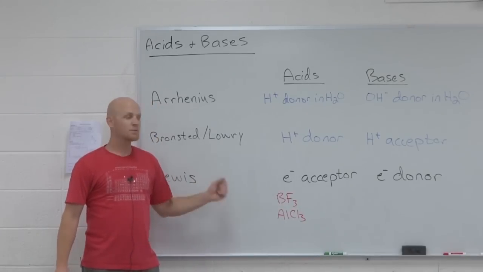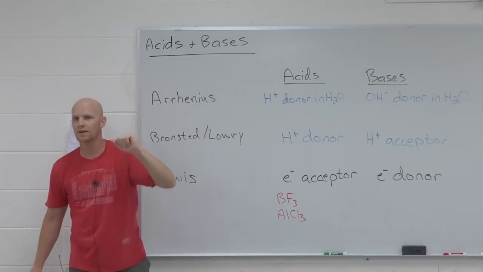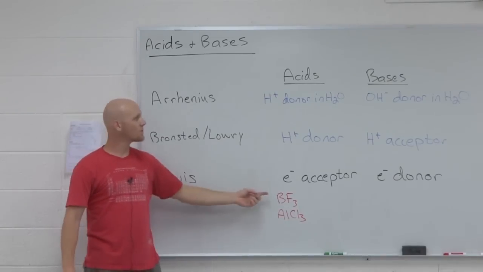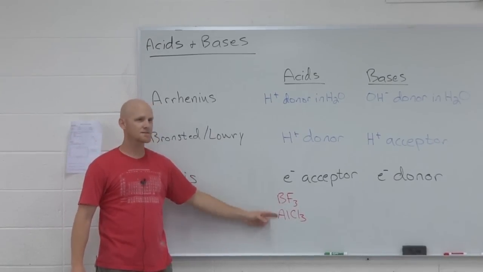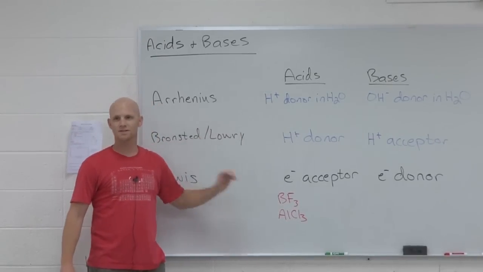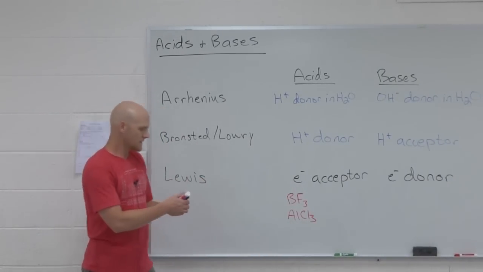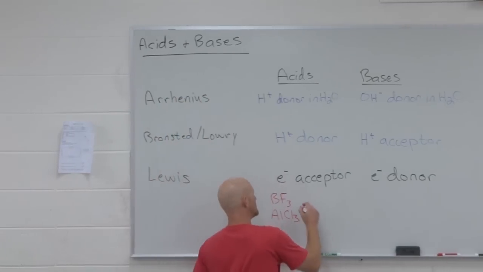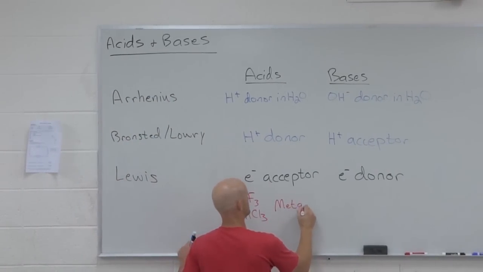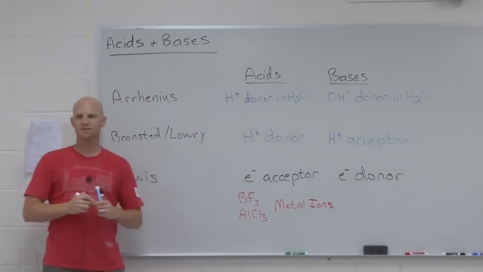So no filled octet. And they would just love for somebody to donate electrons and make a bond to them. That's what makes them great Lewis acids in this case. But they don't satisfy either of the other definitions. They only satisfy the definition of an acid according to Mr. Lewis. So the other one in general, metal ions in general can act as Lewis acids.